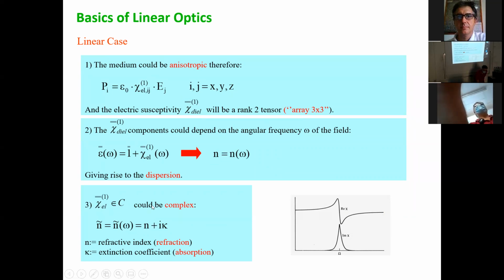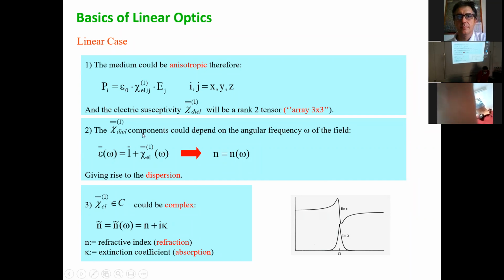And this makes that the refractive index, in general, is not a real quantity, but a complex quantity, which has got a real part, that is the part we are acquainted to deal with normally, plus an imaginary part, Greek kappa, that is named the extinction coefficient. So in general, we have that.